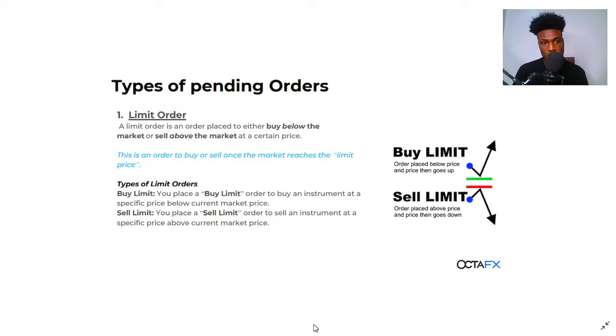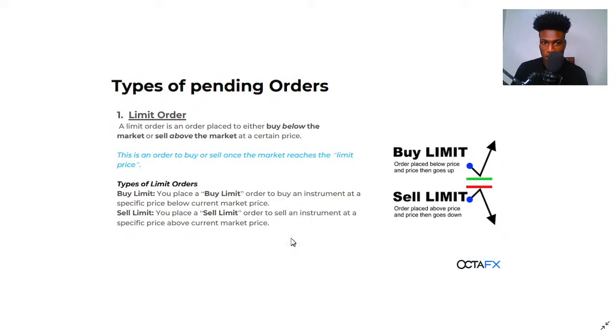Let me start with the limit order. A limit order is an order placed to either buy below the market or sell above the market at a certain price. Remember, the easiest way to understand things you learn in the forex market is to take the definition and place it on the chart, copying the definition in your mind and placing what you've understood on the chart.